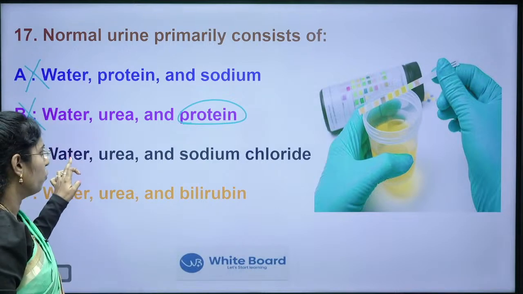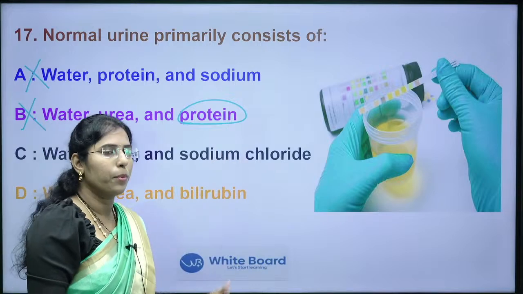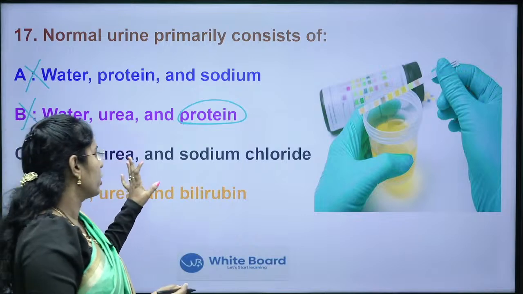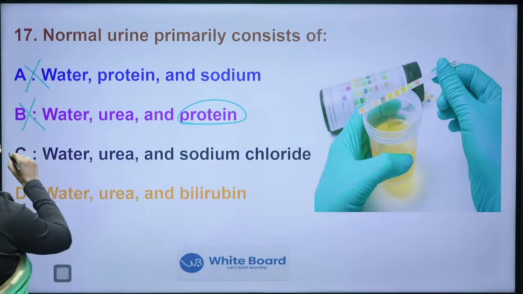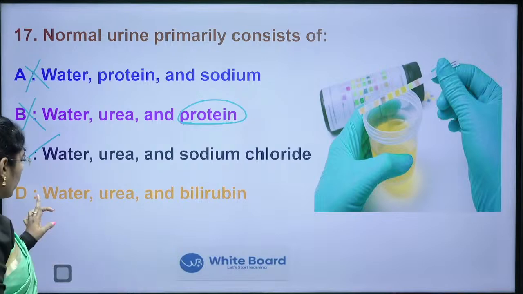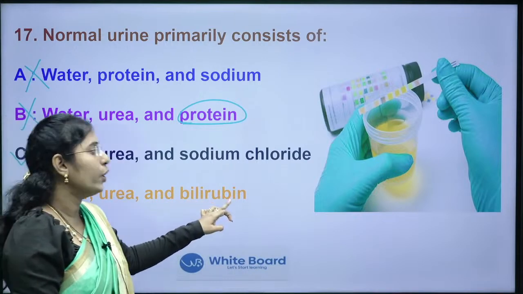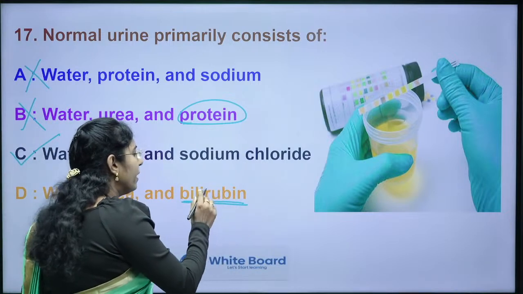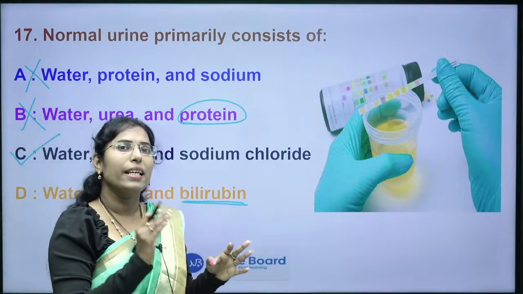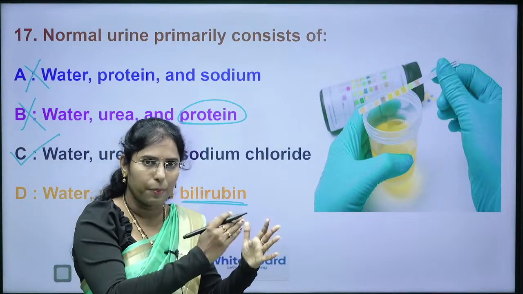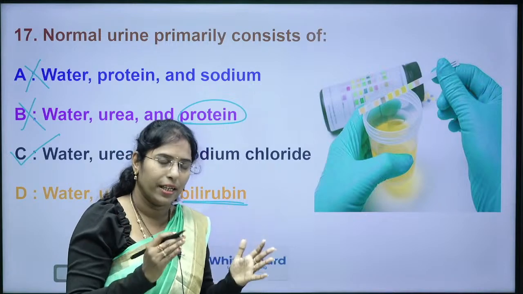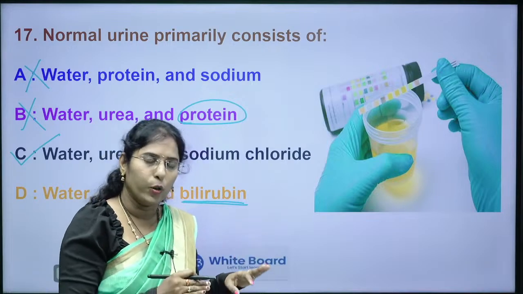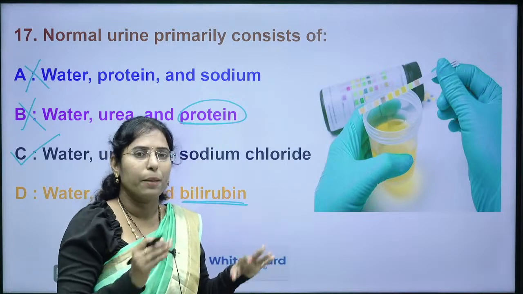The third option is water, urea and sodium chloride. Water will be eliminated, urea is a waste product, and next sodium chloride. This will be the correct option. The fourth one is water, urea and bilirubin. Here bilirubin is a pigment, produced by the degradation or breakdown of RBCs. Whenever RBCs break down, they produce bilirubin, which is eliminated from our body by the liver.